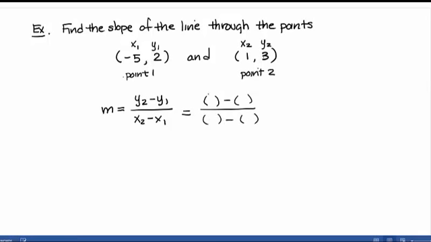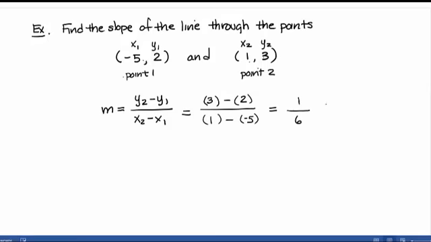So our y2 is 3, our y1 is 2, my x2 is 1, right? My x1 is -5. So now if I simplify this, I have 3 minus 2 gives me 1. And 1 minus -5 gives me a +6.